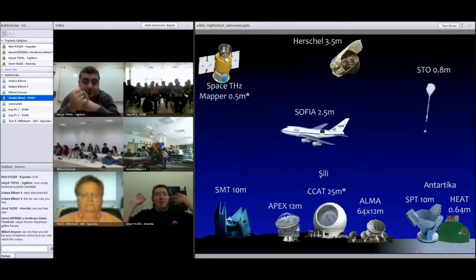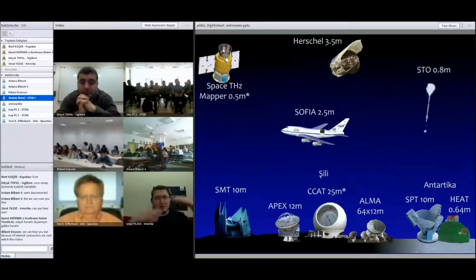We need to put some telescopes in space because we have a lot of atmosphere, and the atmosphere has a lot of water molecules and oxygen molecules, and they prevent us from seeing the stars, or from detecting water molecules, for example.